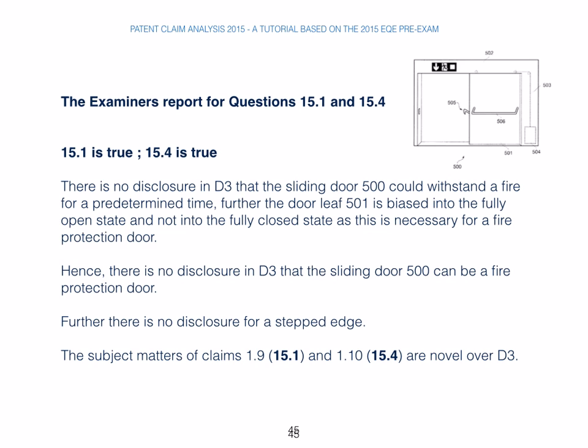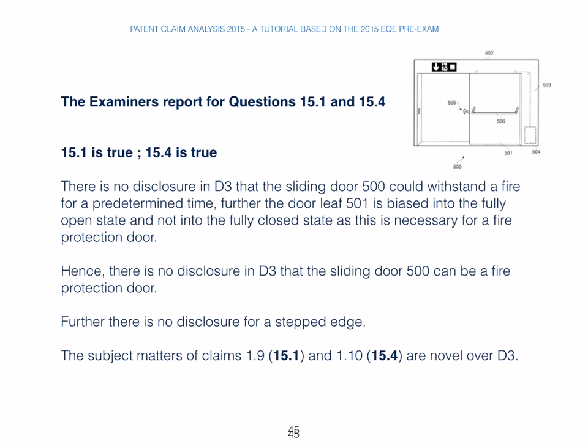Now, that sort of language is the sort of language that would invite an objection you may get from an EPO examiner based on the lack of clarity of relative terms, with or without reference to the description. But there was a secondary factor. The door is biased open, so it can't be a fire protection door. So claim 1.9 is novel. As D3 has no stepped edge, claim 1.10 is novel, and the answer for 15.4 is also true.